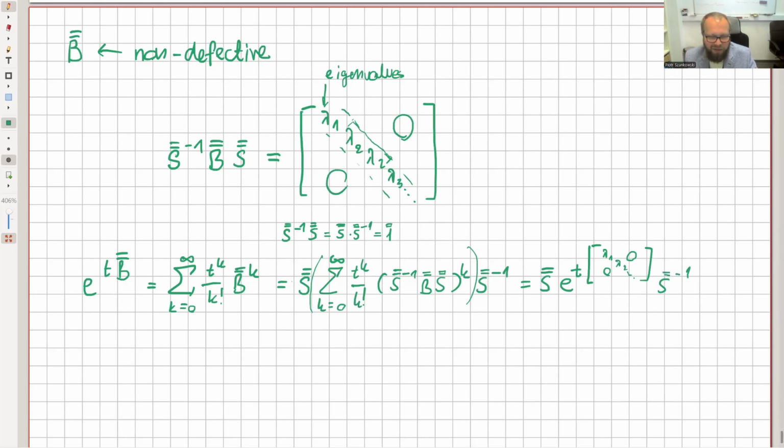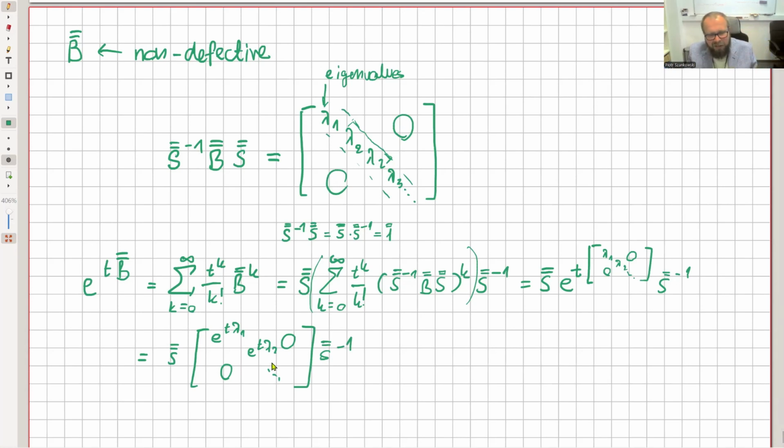And it is very easy to calculate the function of a diagonal matrix. It's just S acting on e^(t lambda 1), e^(t lambda 2), and so on. Super easy.